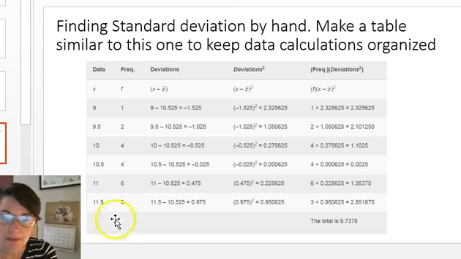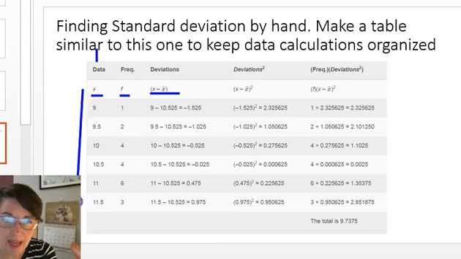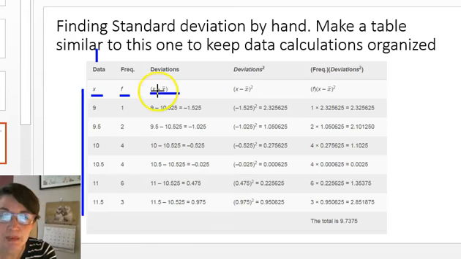Here are my data points, each piece of data, and again, we call those X. Frequency enters in if I have a frequency going on with it, so we'll have to have frequency sometimes. But I'm going to take my deviation, X minus X bar. Whatever I already figured out from my data points is my mean. Then I will be taking 9 and subtracting the mean from it.